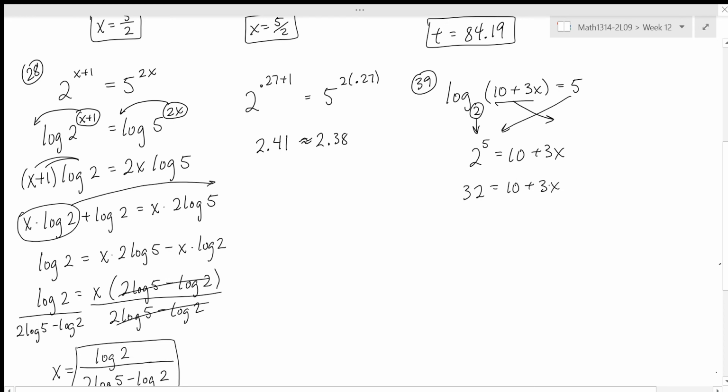And I think 2 more steps and we're done. Move the 10 over, that drops down to 22. Divide by 3. And we get x is 22/3. Piece of cake.